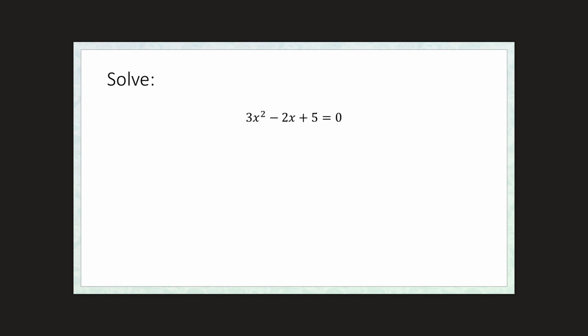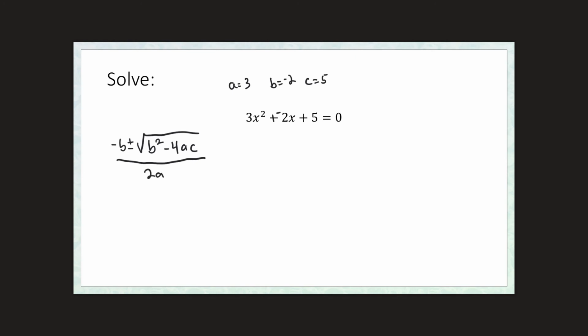Excellent. We have 3x squared minus 2x plus 5. For the sake of filling out this format correctly, I will make that a plus negative. So my a is positive 3, b is negative 2, and c is positive 5. All right. So our quadratic formula, negative b plus or minus the square root of b squared minus 4ac all over 2a, and I can fill this out with the numbers I have here.